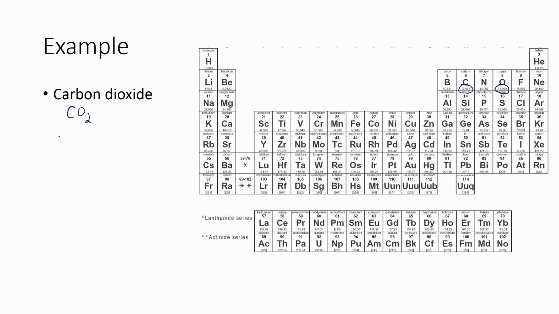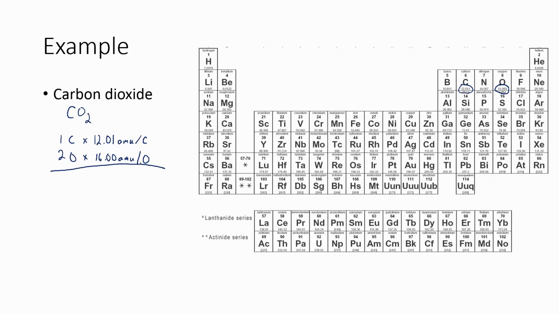In terms of one carbon at 12.01 AMUs per carbon, and then we have two oxygens, rounding this to two decimals, 16.00 AMUs per oxygen.